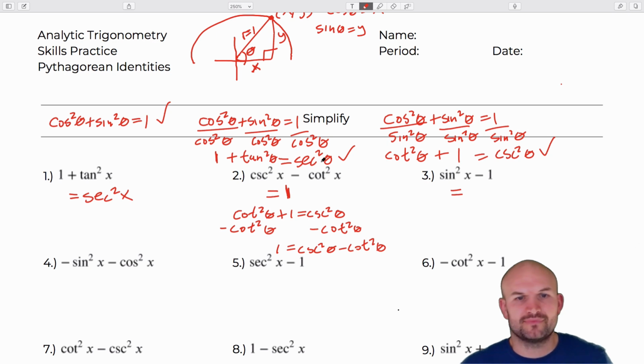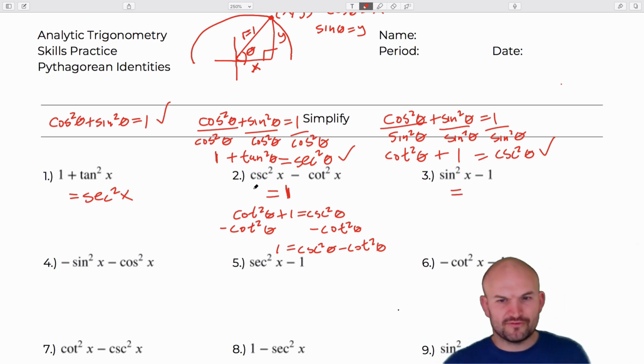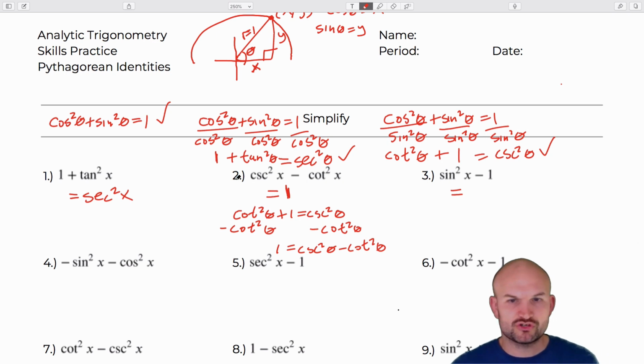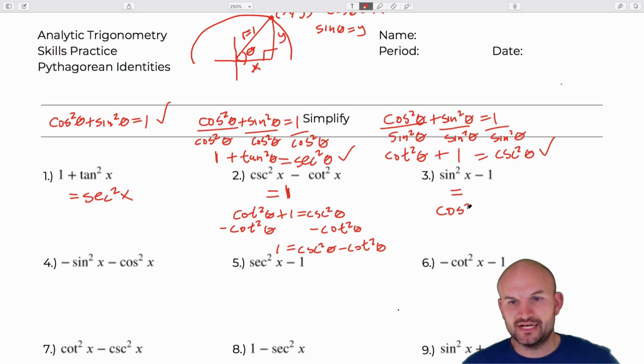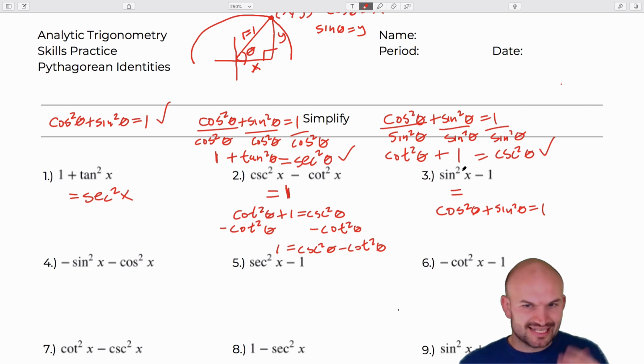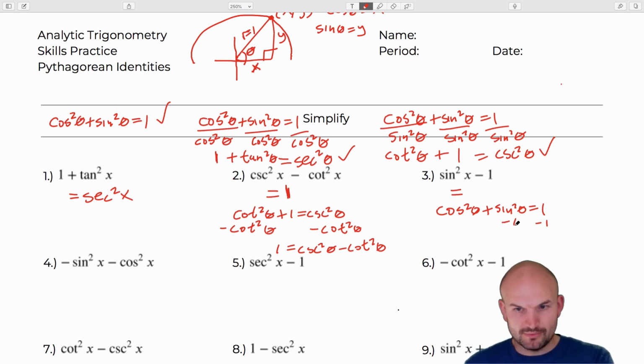Exact same thing over here. For the first 6, I'll work on these slowly, and then we'll try some tricks to get these done soon, because we have 18 of them. In this case, we have sine squared of x minus 1. If we look at our original identity, cosine squared of theta plus sine squared of theta equals 1. To get sine squared of x minus 1, I need to subtract the 1 from both sides.